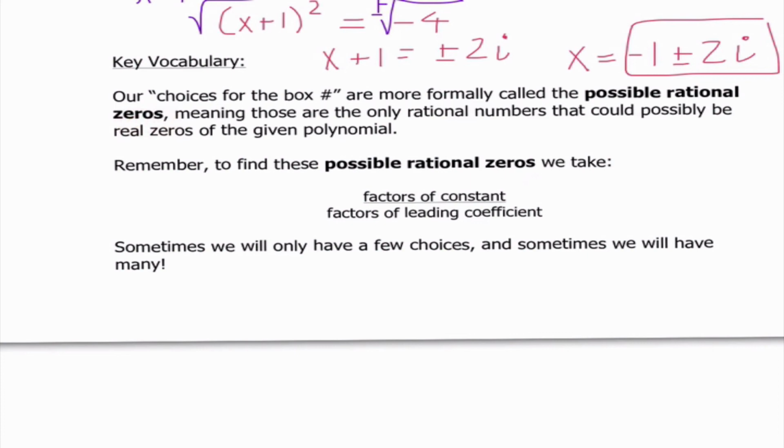So we're not putting any imaginary numbers into the box, and we definitely could get imaginary numbers as our answers, but any possible rational zero is something that we are putting in as a possible box number. Just a reminder, this is how we find them: factors of the constant divided by the factors of the leading coefficient.